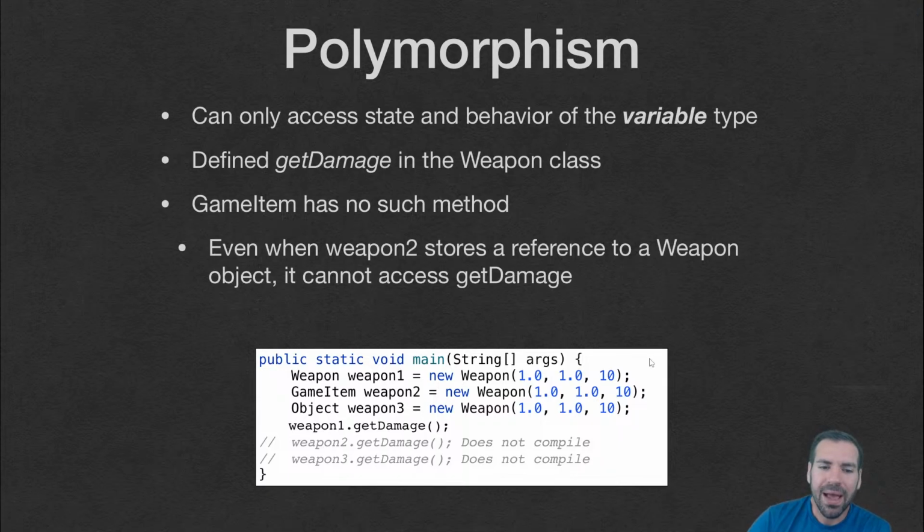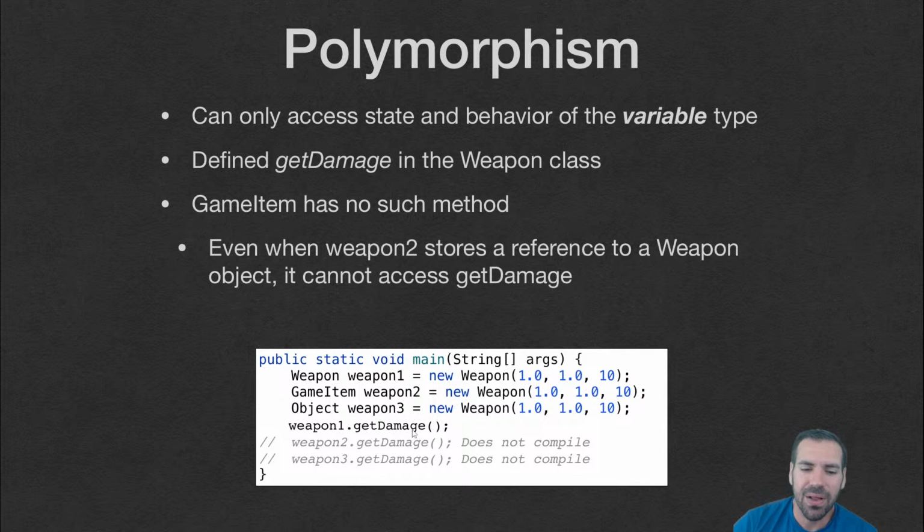When you have a variable of a certain type, you can only ever access the state and behavior belonging to the variable type. So when I store my weapon into these variables of type weapon, game item, object, and I want to call the get damage method.